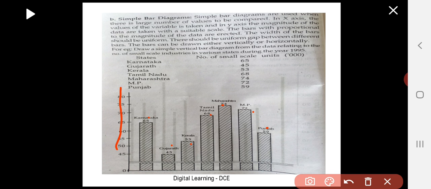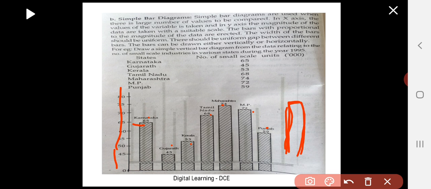So what we have done here is we have taken on the y axis a scale of 5, and we have taken a broken axis on the y axis. Then we plotted this diagram, for example 65 for Karnataka, and in the simple bar diagram we draw bars from the x axis up to the y value, of equal width.